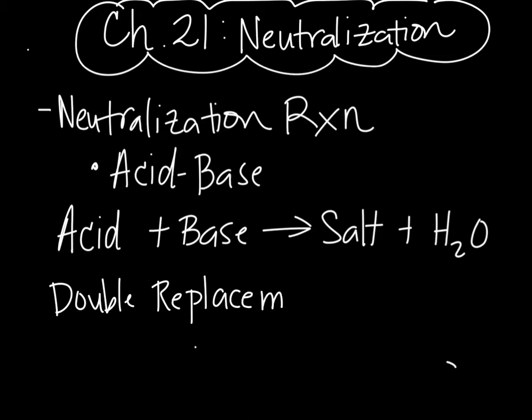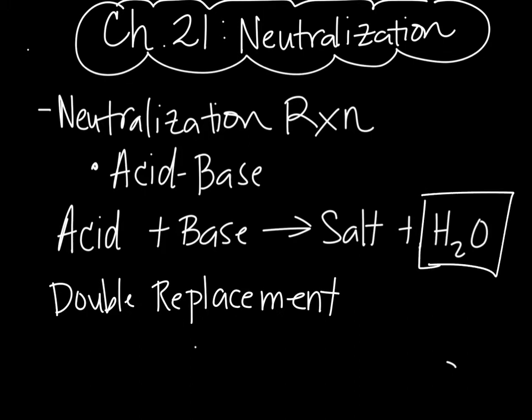If you remember double replacement, that's where we did the foil, where the outer ones come together and then we put the inner ones together. And so you can see why we call these acid-base reactions neutralization, because it will form water.